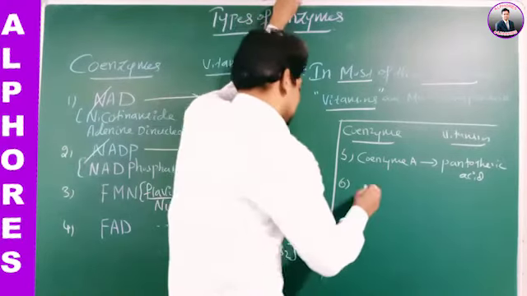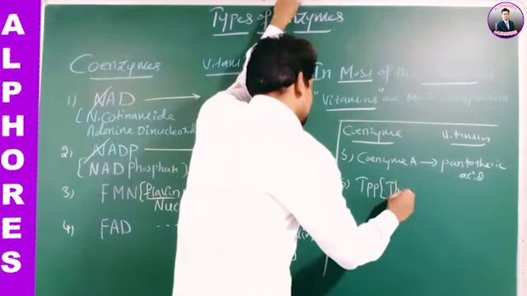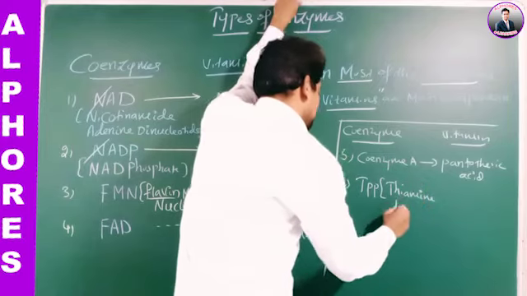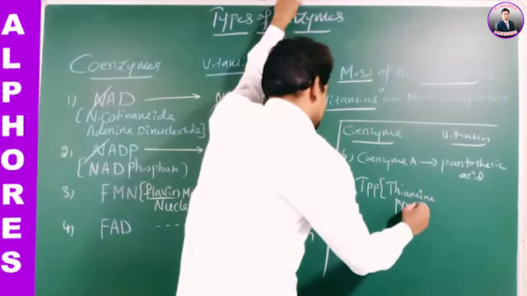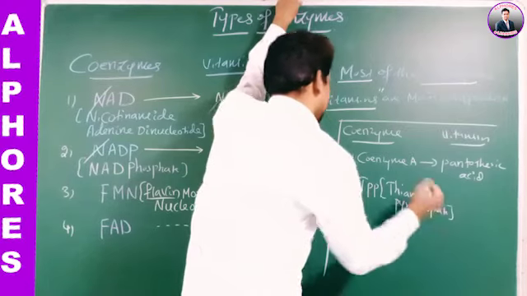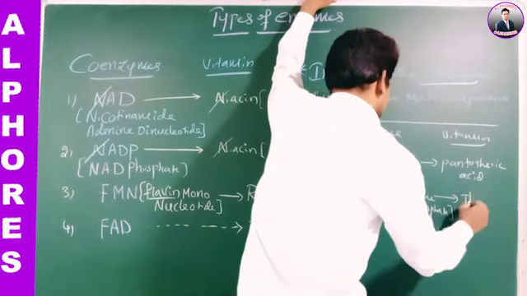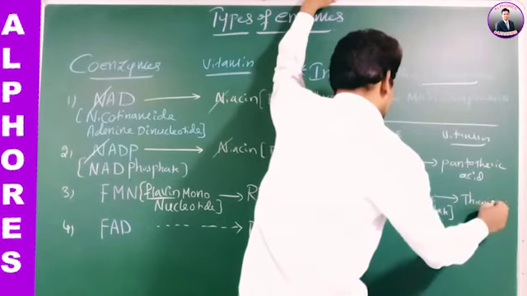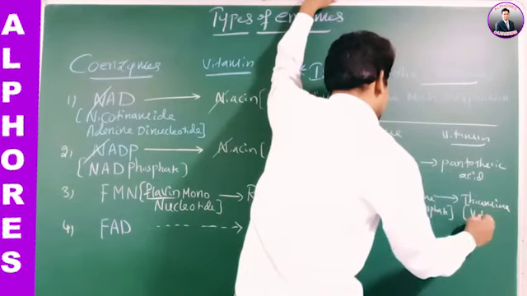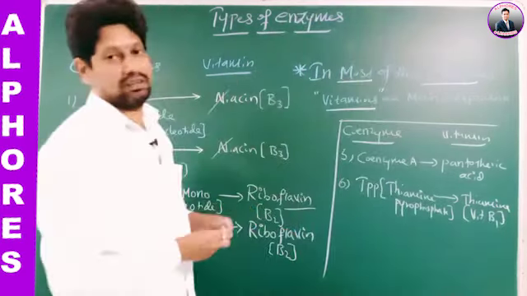Number 6: TPP. What is the full form? Thiamine pyrophosphate. Which vitamin is present here? Thiamine, that is vitamin B1. Okay, right?